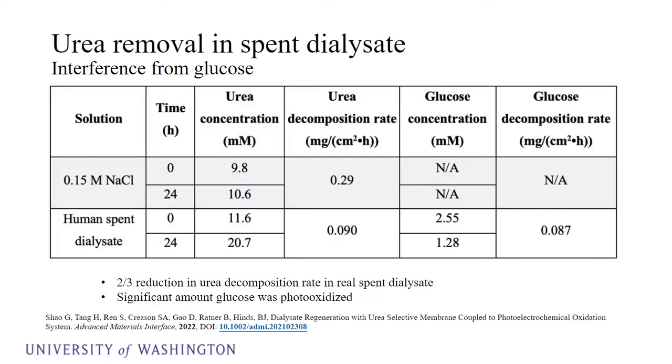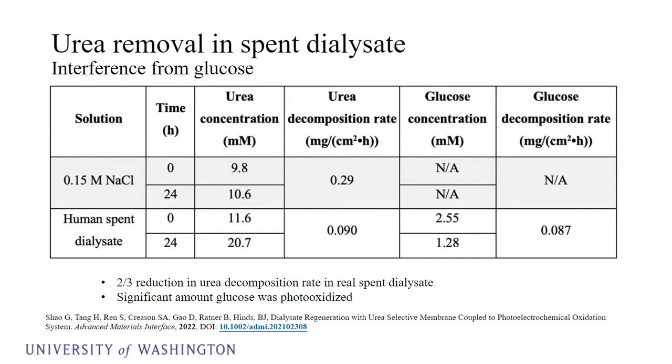However, when we transfer this device into spent dialysate, we found something different. On the top row is the urea decomposition measured in a simple saline solution. It's 0.15 molar sodium chloride. The urea decomposition measured in here is 0.29. That's milligrams per centimeter square per hour.